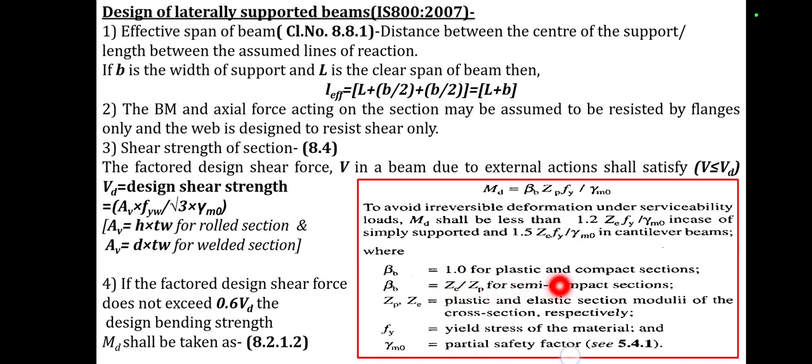Fy is yield stress of the material, and gamma m0 is partial factor of safety, and we have to check clause number 5.4.1 for it.